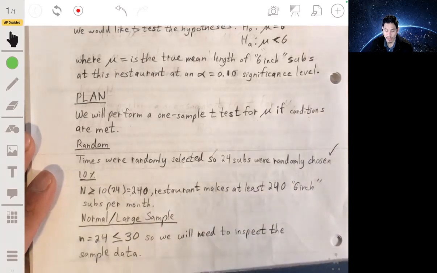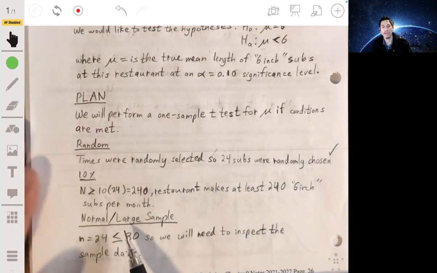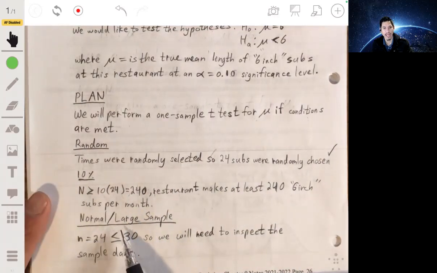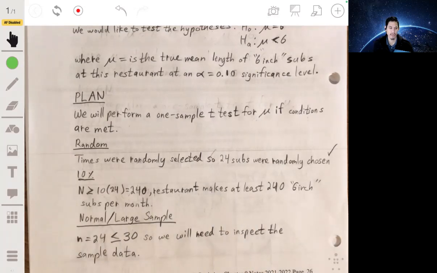Now, our sample size is only 24, and it doesn't say that the population is normally distributed. So we have to inspect the sample data because 24 is less than 30. So then we're going to enter the data in our graphing calculator.